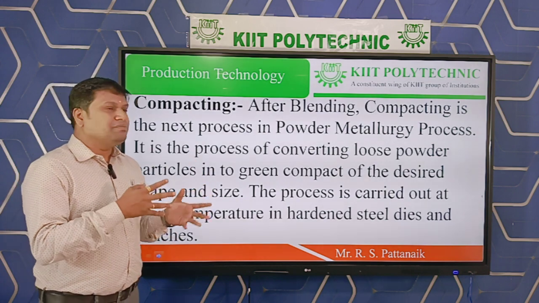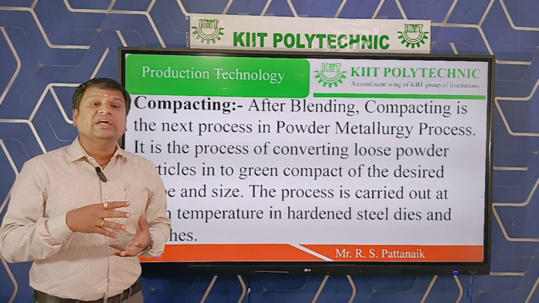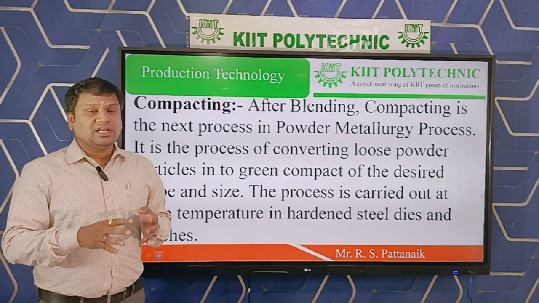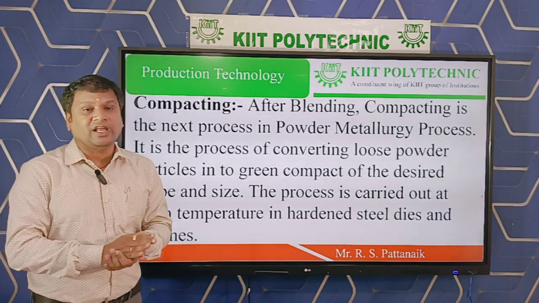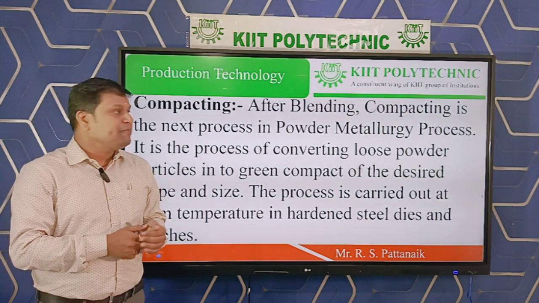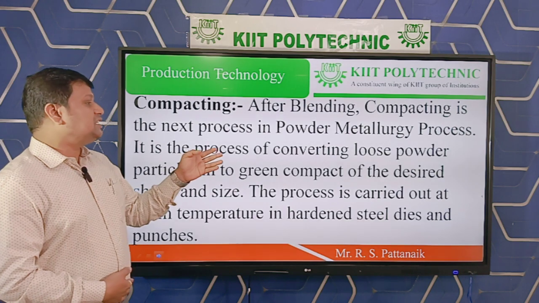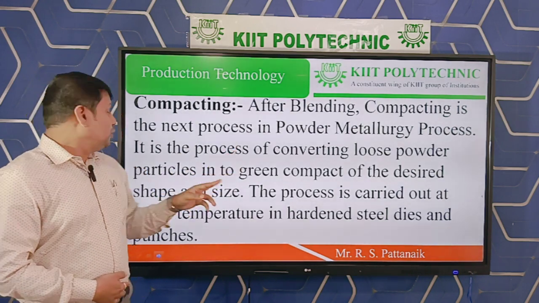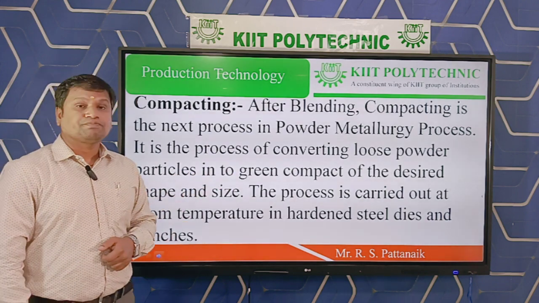Here the blended metal powders are converted into a green compact, a green state. It is not the final product, just the step before the final product. Compacting is the next process after blending in powder metallurgy. It is the process of converting loose powder particles into a green compact of the desired shape and size.